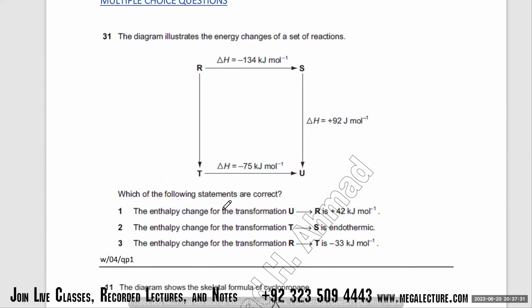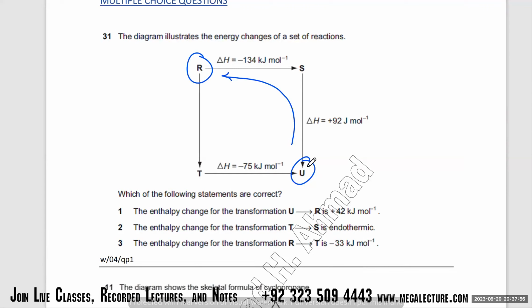The first one states that the enthalpy change for the transformation U to R is plus 42. One thing about Hess law is that if you go in the opposite direction of the arrow, the enthalpy change sign reverses.